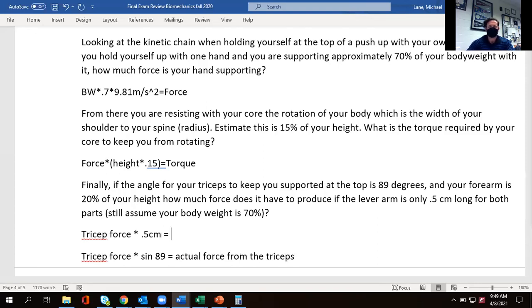And on the other side of this, we've got the force side of it, which is going to be your body weight times 0.7 times 9.81 meters per second squared, so we're not losing our units, multiplied by the length of your forearm, which is going to be your height times 0.2. And then once we factor all that through, you're good to go.